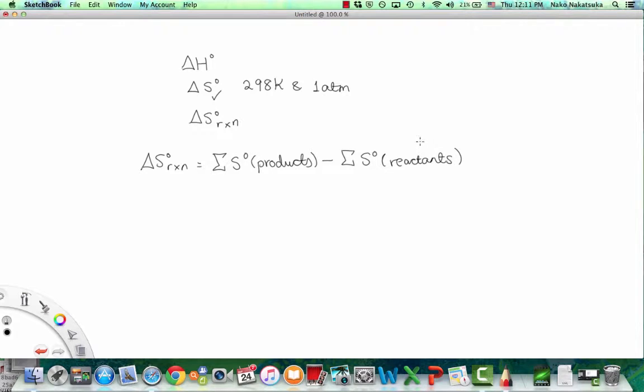Remember, entropy is also an extensive property, so you're going to need the number of moles before each of the products and reactants. So make sure whenever you write out whatever equation you have that you balance out the number of moles, because you always want to include the number of moles for the products and reactants when doing this equation. More complex molecules have higher standard entropy values due to a greater number of vibrational and rotational motions. So basically, atoms have a greater number of possible positions when they're more complex.